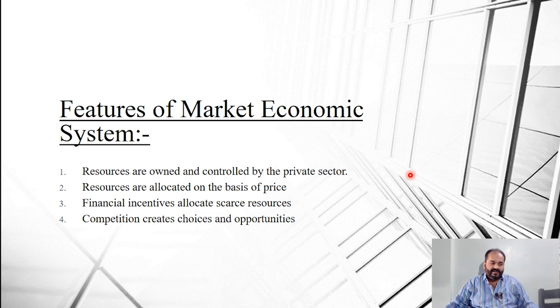Number two, as we said, the prices are determined on the basis of demand and supply, the market forces. Resources are allocated on the basis of price. So if you are able to pay the price of something, you will be able to afford that. No free lunches. That is the capitalist economy, right? If you work hard for something, you're going to get paid for it.